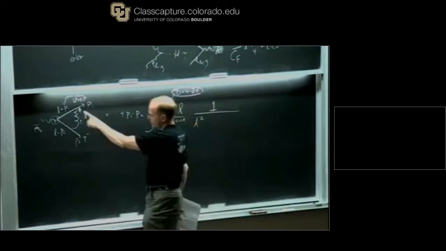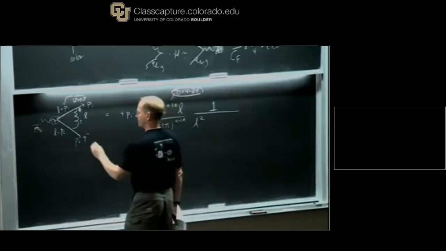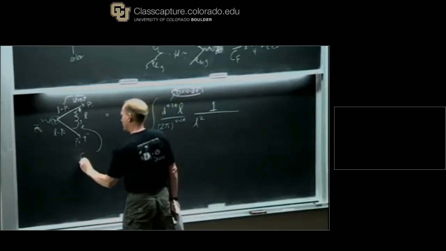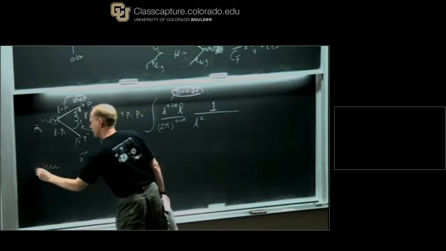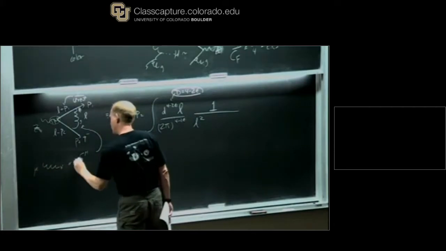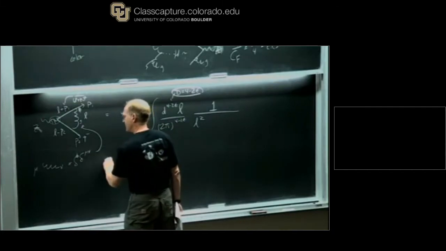I have the standard propagator for the gluon in Feynman gauge, which, if I had indices mu and nu, has a delta AB in color, a delta mu nu.